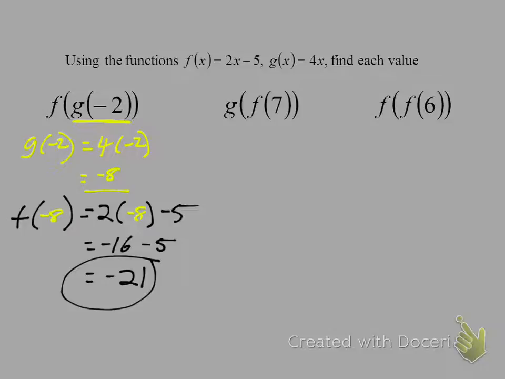Technically speaking, the last number is the number I need to see, but you have to use the negative 8 in order to get there. So you have to do both. Last chapter we did one at a time. Now you do 2 at a time. Make sense?